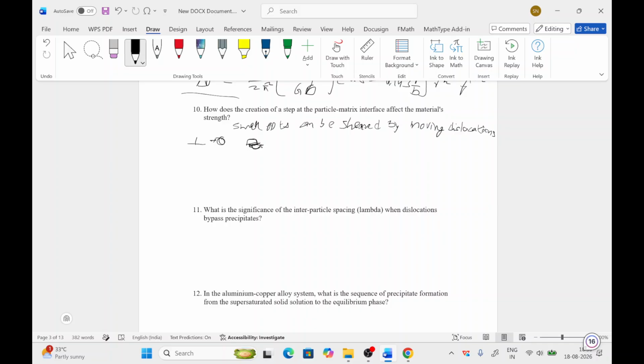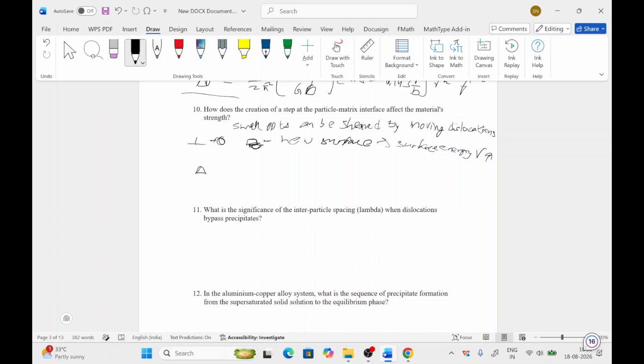Because of this new surface, the surface energy gamma increases, and that further interacts with dislocation motion.